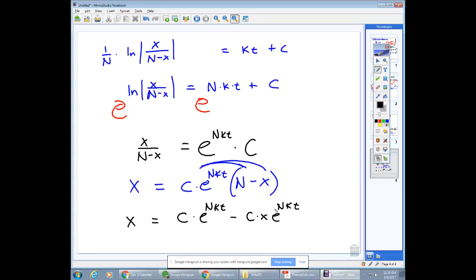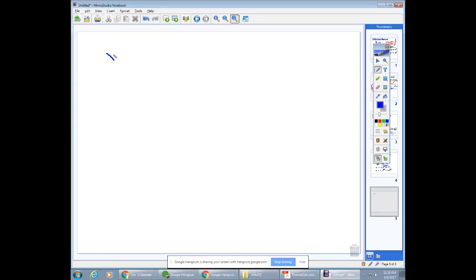And now I can add that x term over to the other side. So I'm going to go to a new screen. So then I've got x plus c times x times e to the nkt equals c times e to the nkt. And I think maybe I shouldn't have done that.